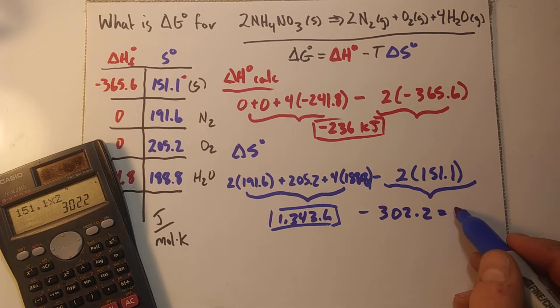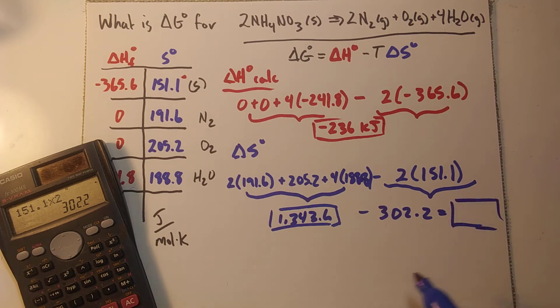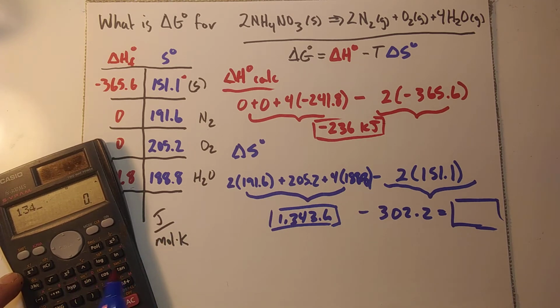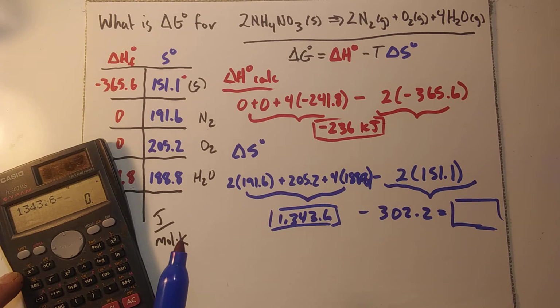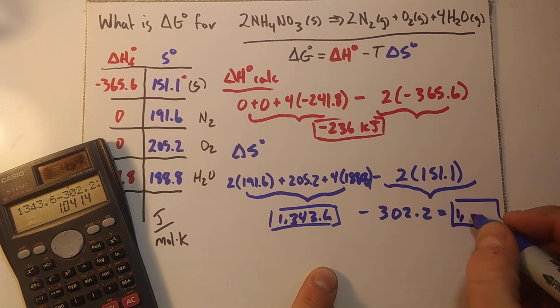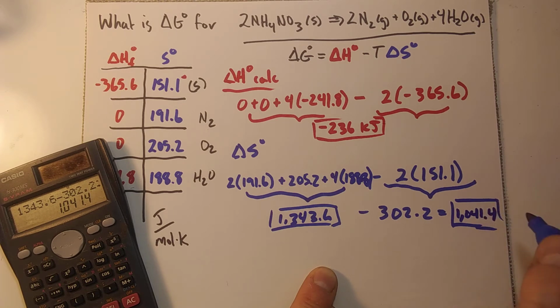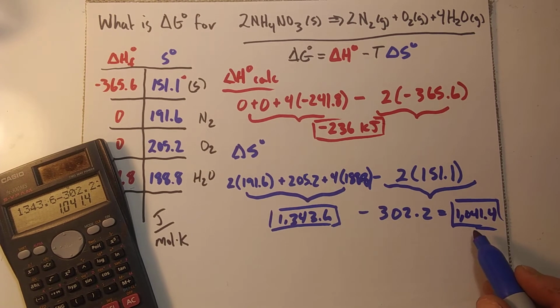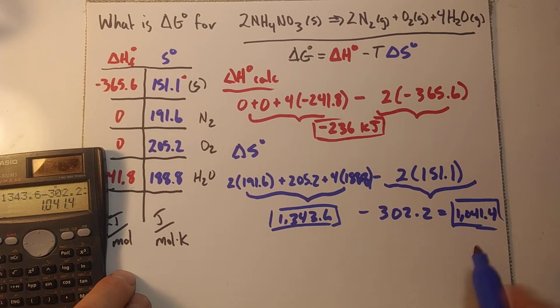So I'm going to go ahead and write that in over here as a final number. Sorry for the delay. We still are in the thousands. 1,041.4. Now I'm going to change that to kilojoules. So to do that, this is a lot of joules, but we're going to move the decimal point over 3 places before we plug it into our equation. So let's go ahead and get ready to plug it in.